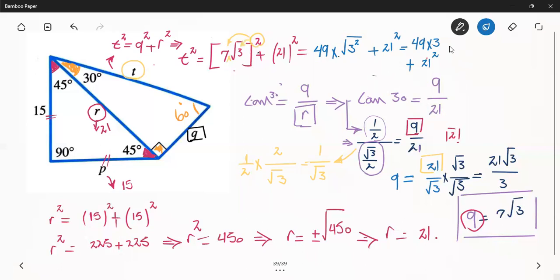And guys, the rest of it is for maybe 2 years ago, and for the rest of it I'm not going to do this. You simply add them together, take the square root to get the value. 49 times 3 becomes how much? 147 plus 21 squared.